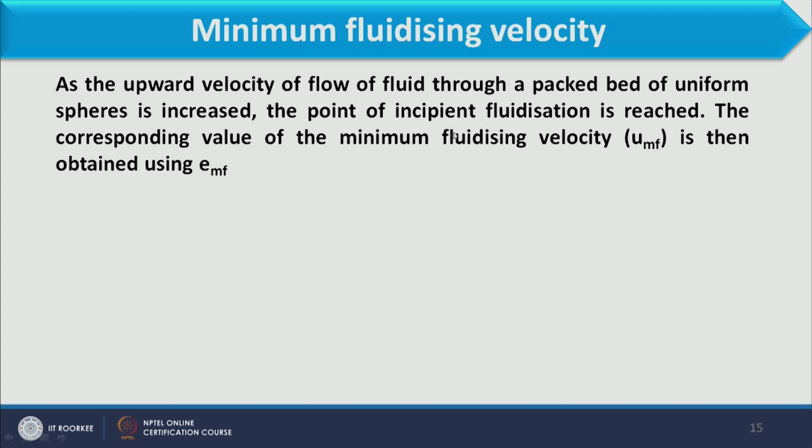Incipient fluidization is minimum fluidization, which we have already discussed in the last lecture. The corresponding value of the minimum fluidizing velocity, that is UMF, is then obtained using EMF. If you remember the last slide, there we defined the voidage of the bed in terms of E. The velocity corresponding to that is UC.